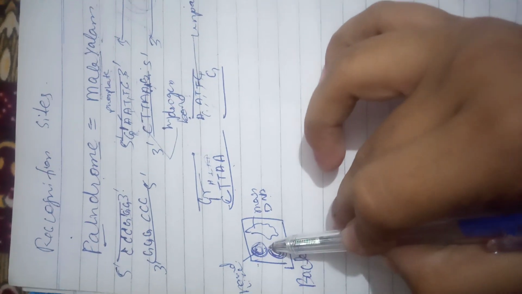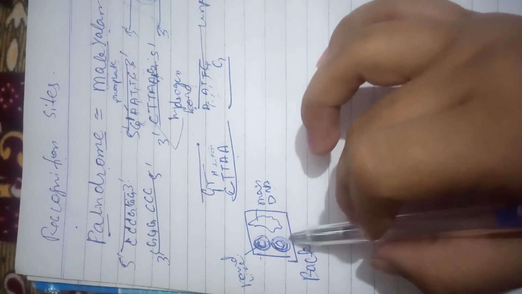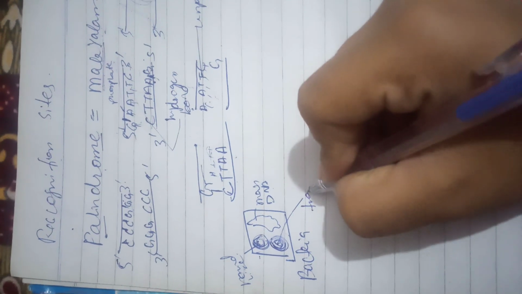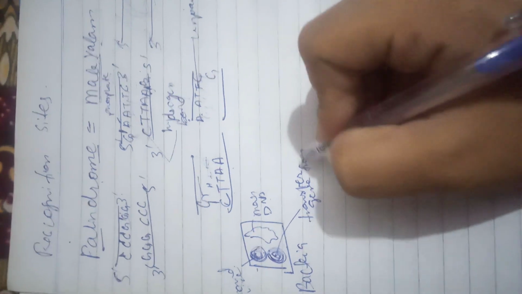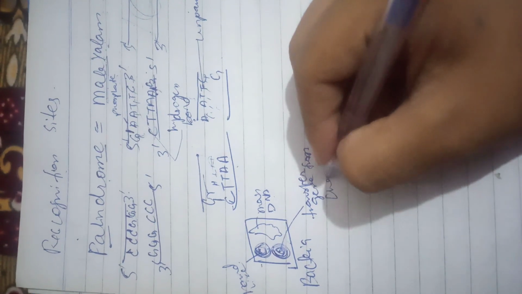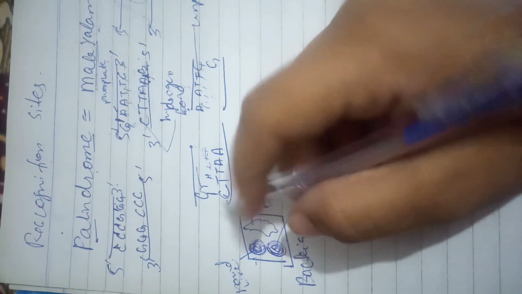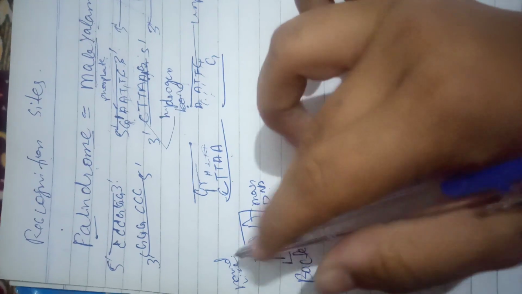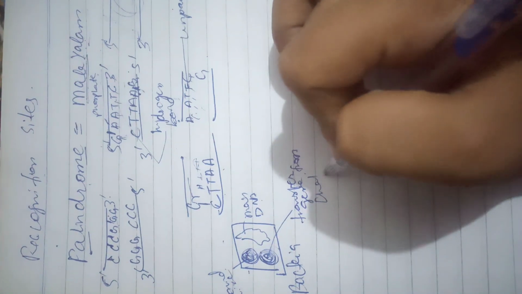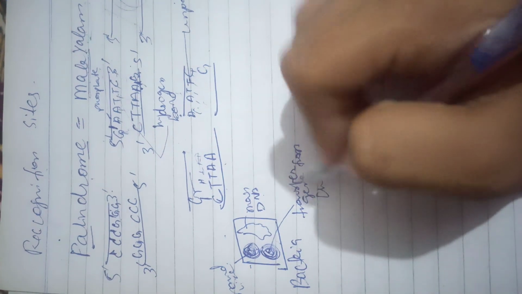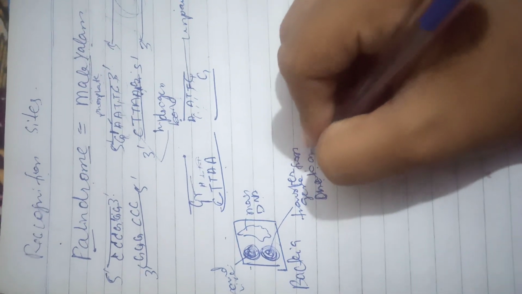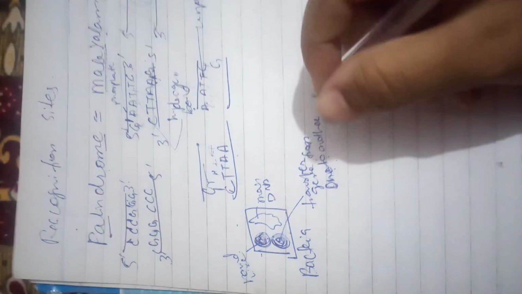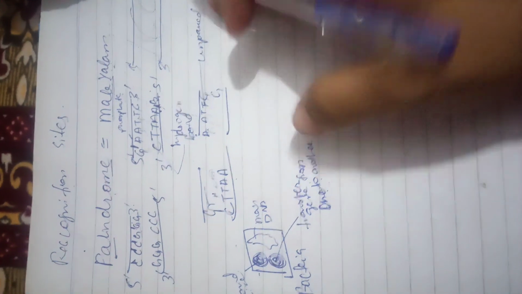Now what will this do? It will transfer genes from one to another. If this wants to move from this bacteria to another, it can easily move. Likewise, this is the work of the plasmid, to transfer genes from one to another. Okay, so now this was the recognition sites. Thank you.